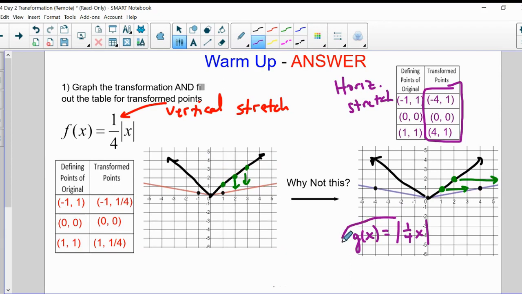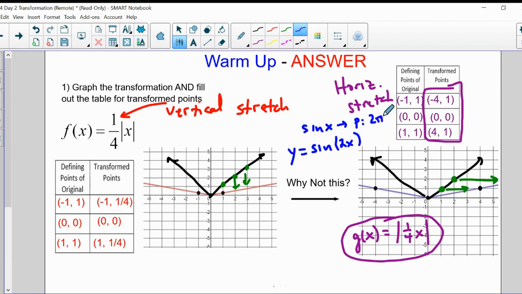And this is something that we didn't talk about very much in Honors Pre-Calc or in Honors Algebra 2 Trig, where we were doing horizontal stretches, but we did talk about it during the trig unit. So when we had something like y equals sine of 2x, what you noticed about the period of that function, the normal period of sine of x is 2 pi. But when I have sine of 2x, the period actually shrinks. The period gets divided by 2.